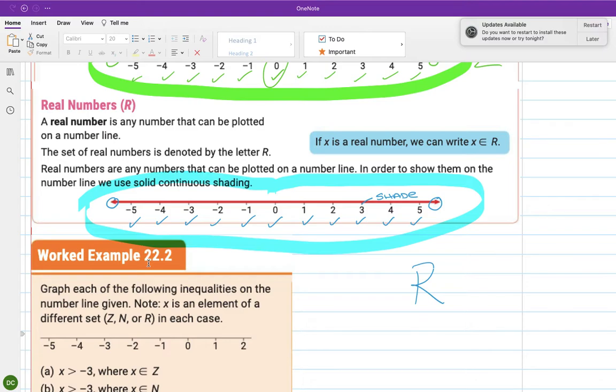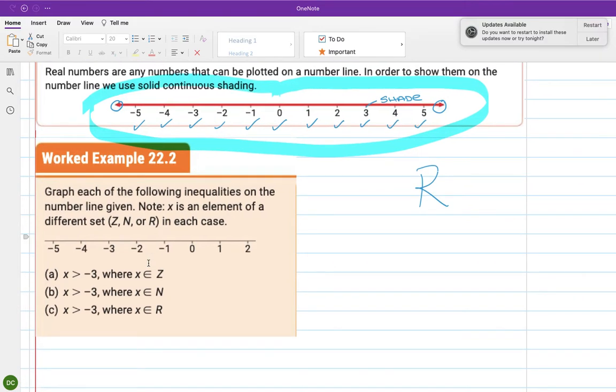So we'll have a quick look at this example. Graph each of the following inequalities on the number line given. Note x is an element of the different sets, either Z, N, or R in each case. Okay, so they give us a number line. So A here, I'm going to kind of translate it first, I suppose. So translate that. That says x is greater than -3.